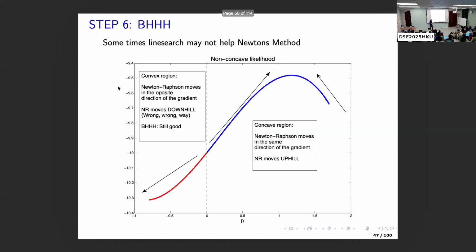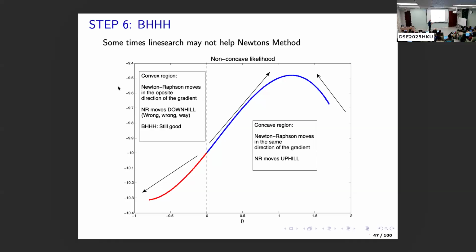Berndt, Hall, Hall and Hausman did. Well, even if you were doing, say, Newton's method, you're relying on your quadratic approximation of that function being a good approximation, which is probably good in this area of the function, right?